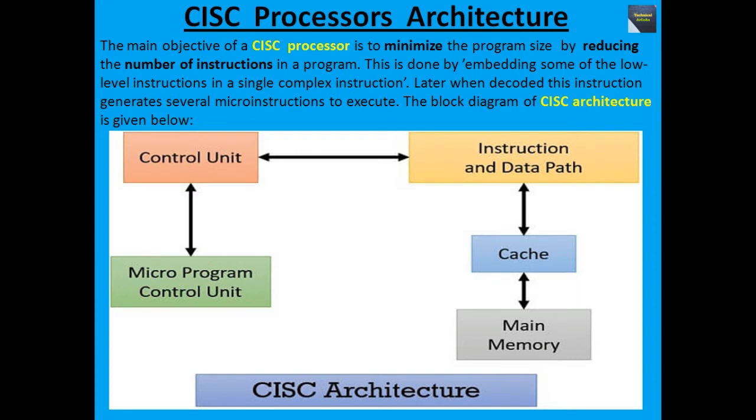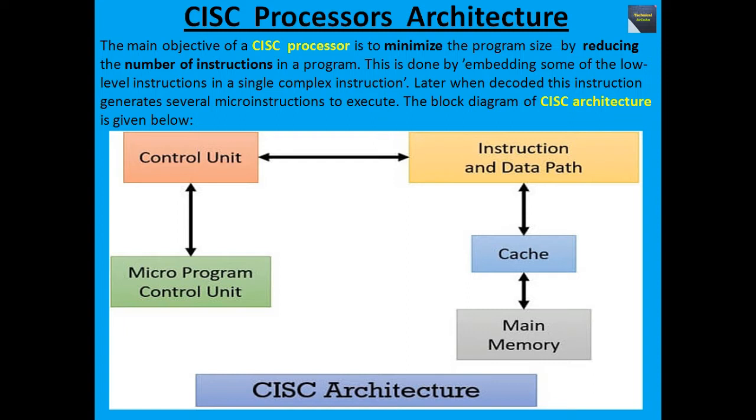Now we talk about CISC processor architecture. The picture provided here explains the CISC architecture. The main objective of a CISC processor is to minimize the program size by reducing the number of instructions in a program. This is done by embedding some of the low-level instructions in a single complex instruction.